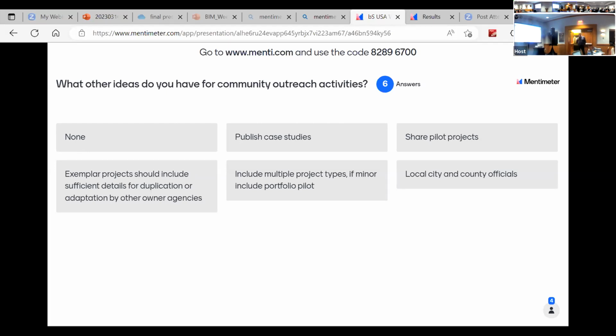So you're talking about local road type projects? No, trunk highway, state road construction, or contracted maintenance. Okay. Share pilot projects with local city and county officials.